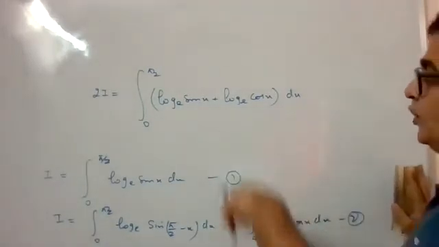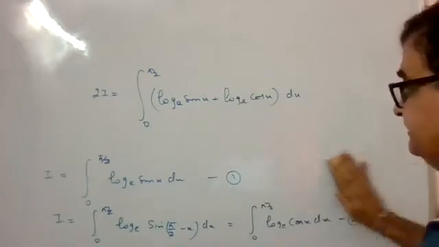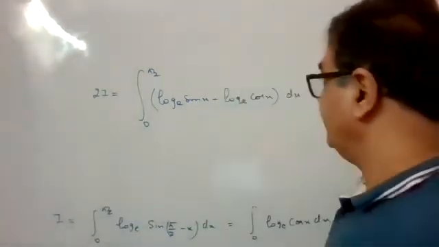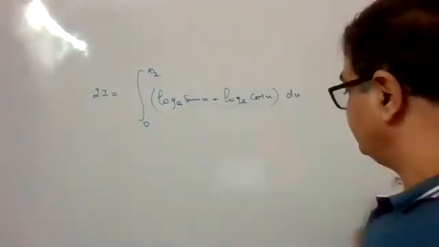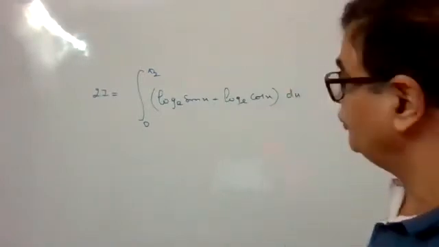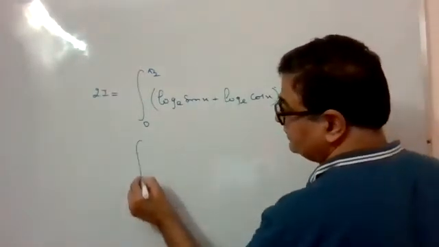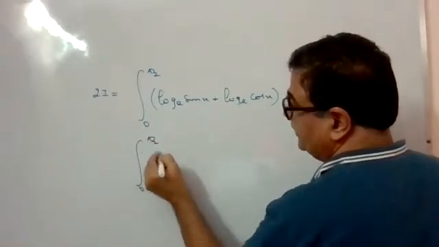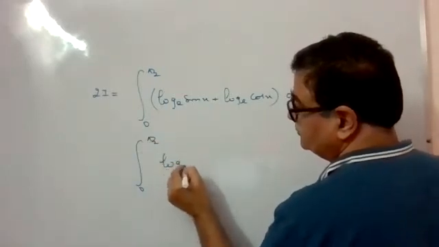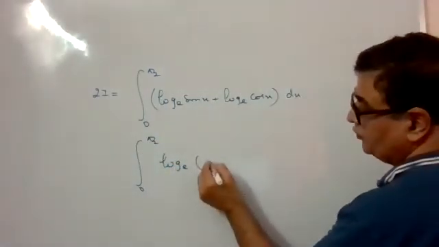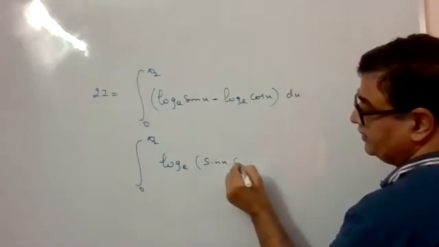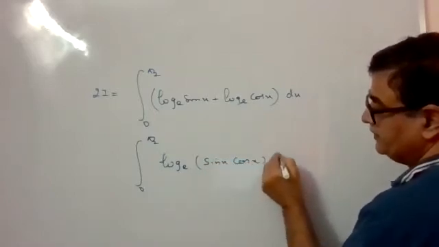So when you add, twice I will be this result. After getting this, log a plus log b is log of a into b. So I write this as the integral 0 to pi by 2 of log of sin x into cos x dx.